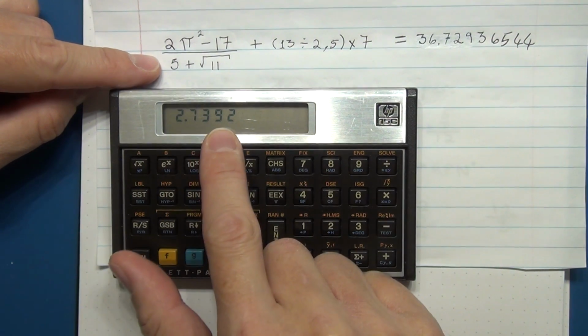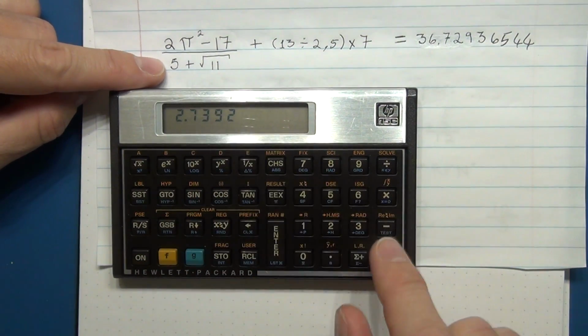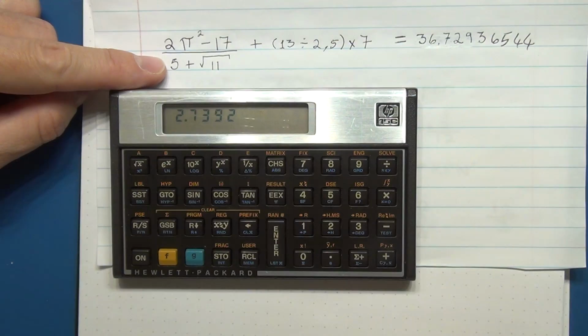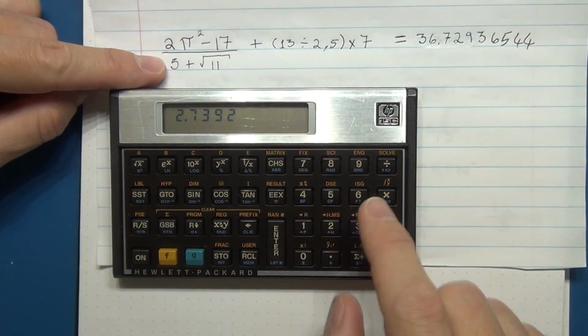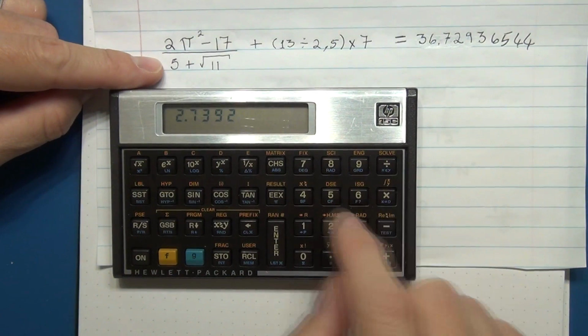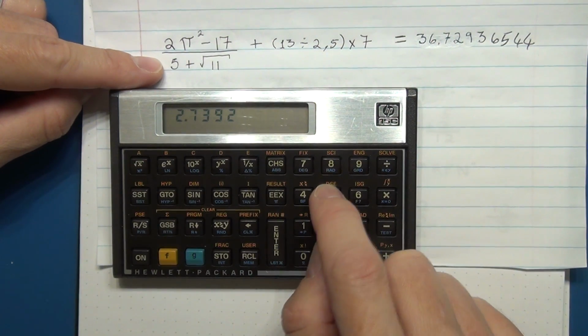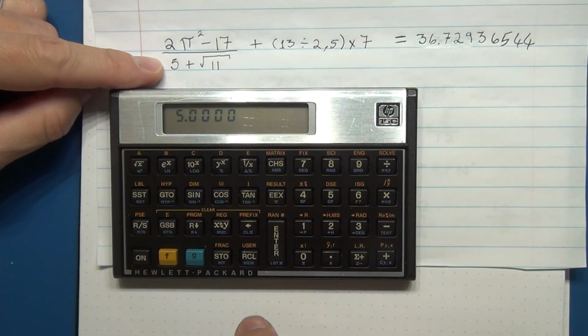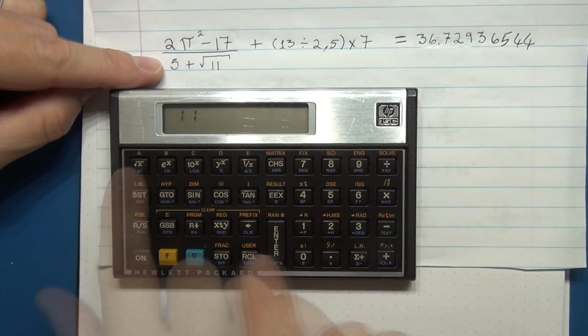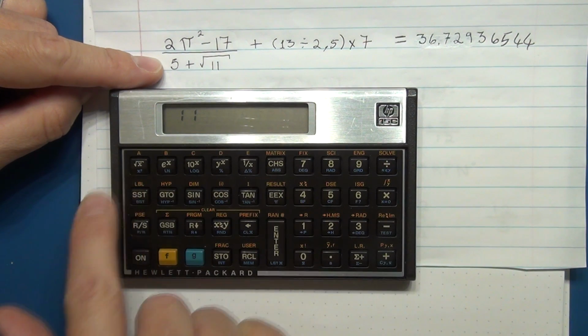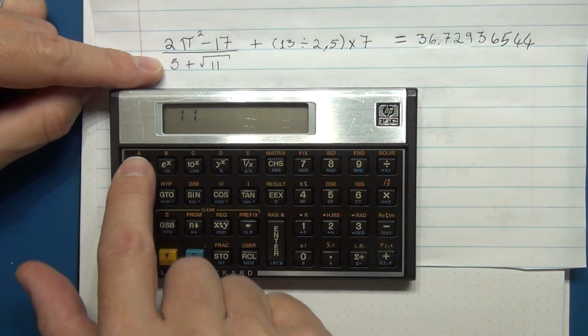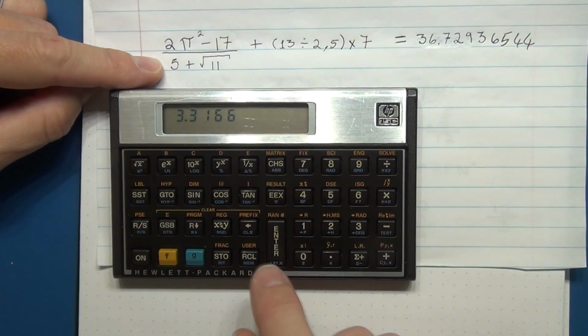And remember, that's automatically saved in X on the X stack in the display. So now I can start with the next part of the problem. We want 5, enter. We then have 11 that we want the square root of, so I enter 11 and then go square root. You can see it says square root of X. I have the answer to that.